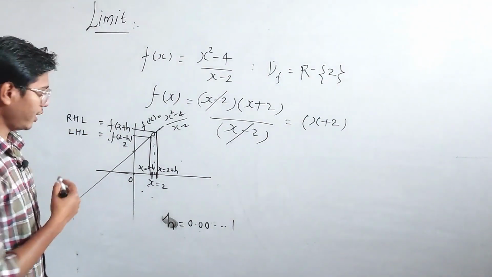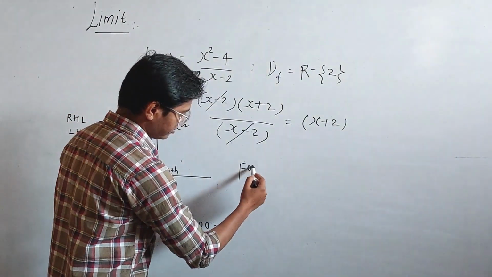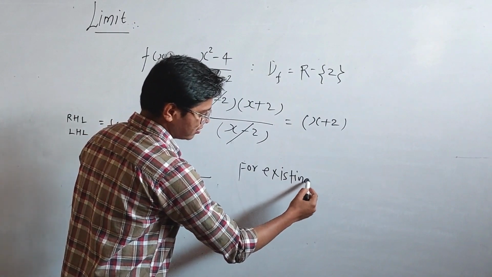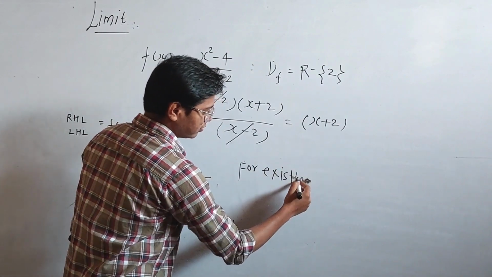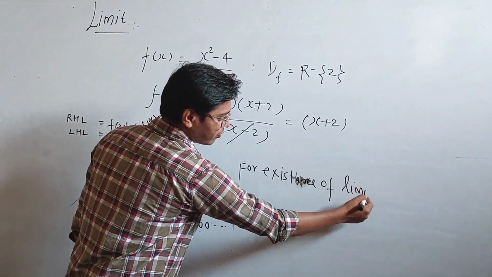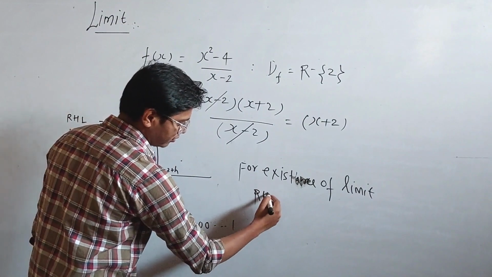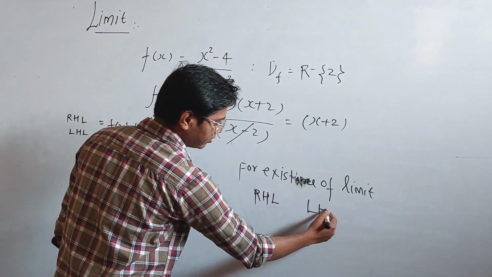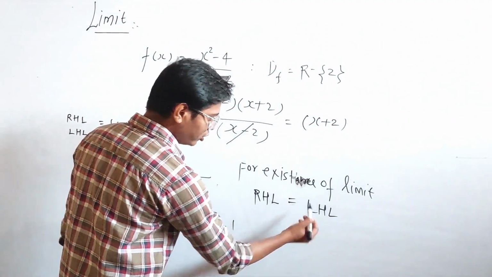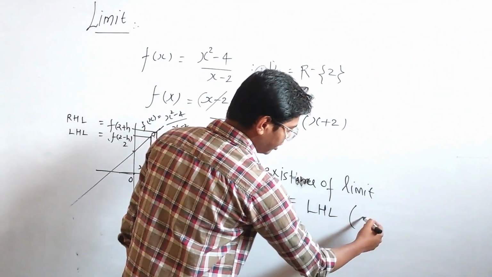So for existence of limit, after calculating the right hand limit and left hand limit, we compare both of them. If LHL is equal to RHL, that is, right hand limit is equal to left hand limit, then the limit exists.